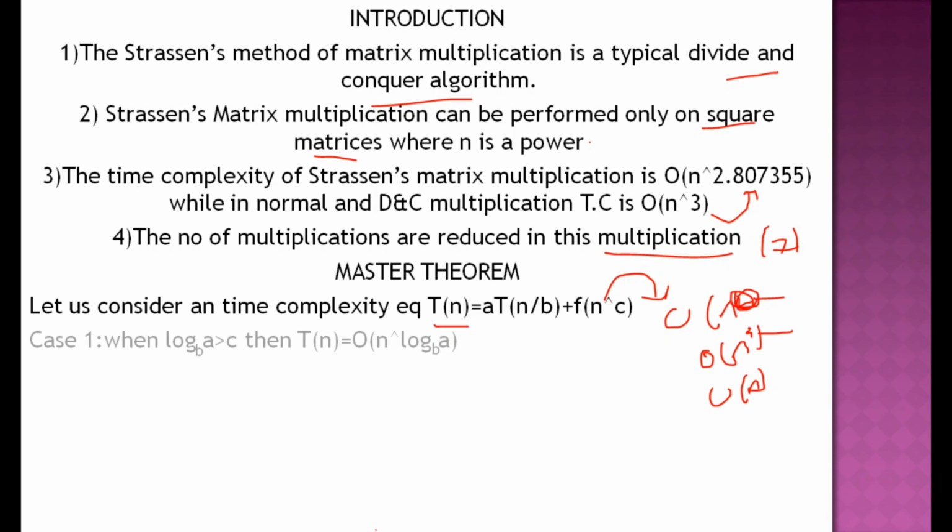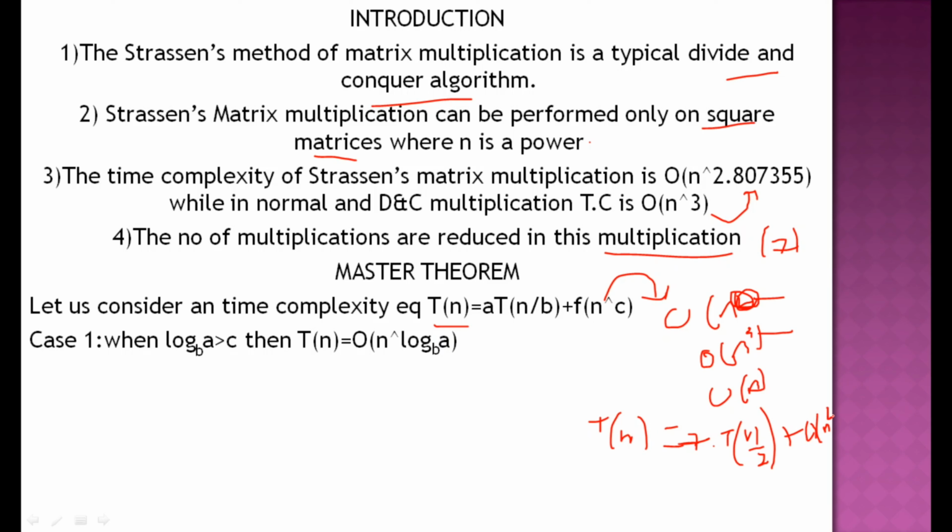Now coming to the first case, when log of a to the base b is greater than the c value, that is the constant value, then the time complexity will be order of n to the power of log a to the base b. So here in Strassen's multiplication, the time complexity T of n is equal to 7 into T of n by 2 plus order of n square.